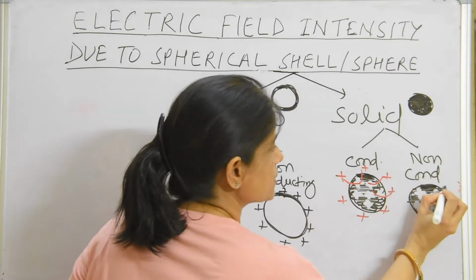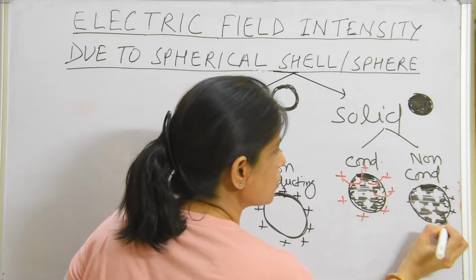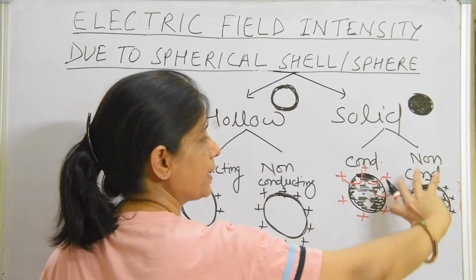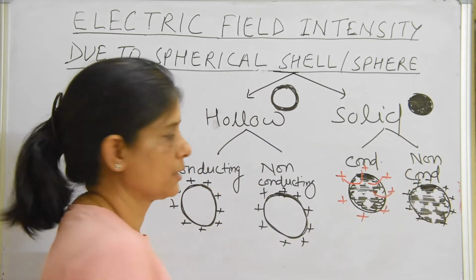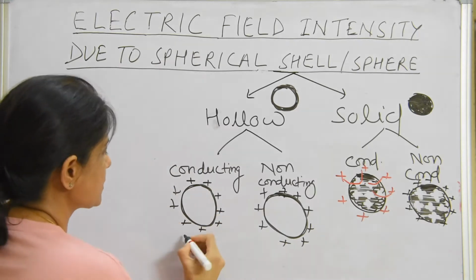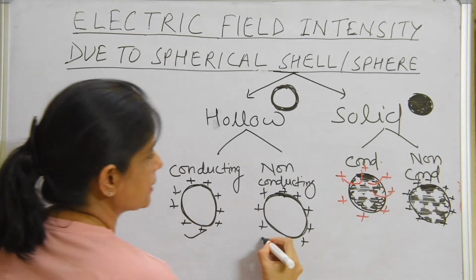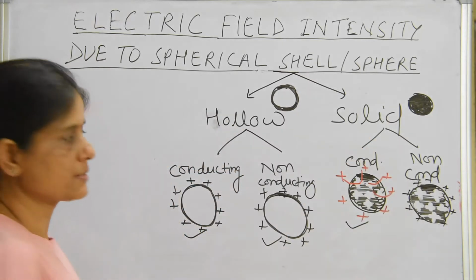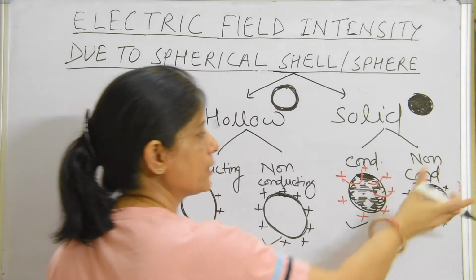It would not come outside only; it will spread throughout its volume. So here the charge is on the surface, here again on the surface, here again on the surface, and here it is spread throughout its volume.